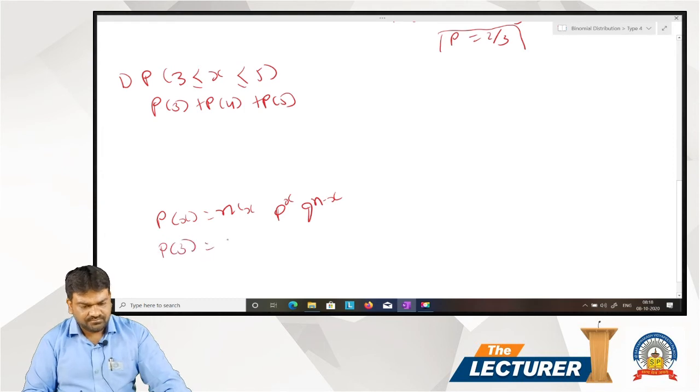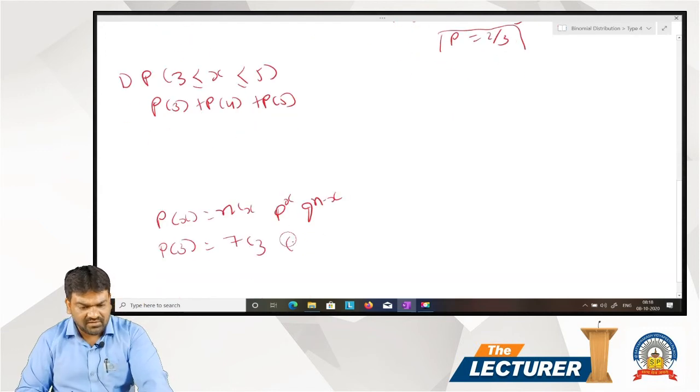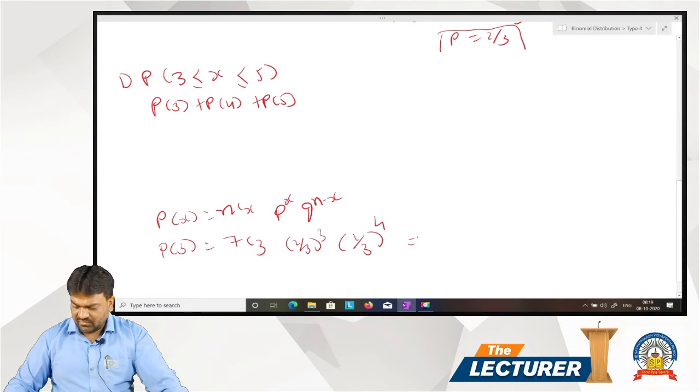P of 3 is 7C3, P is equal to 2 by 3 raised to 3, Q is equal to 1 by 3 raised to 4. 7C3 is 7 multiplied by 6 multiplied by 5 divided by 3 divided by 2, 35.